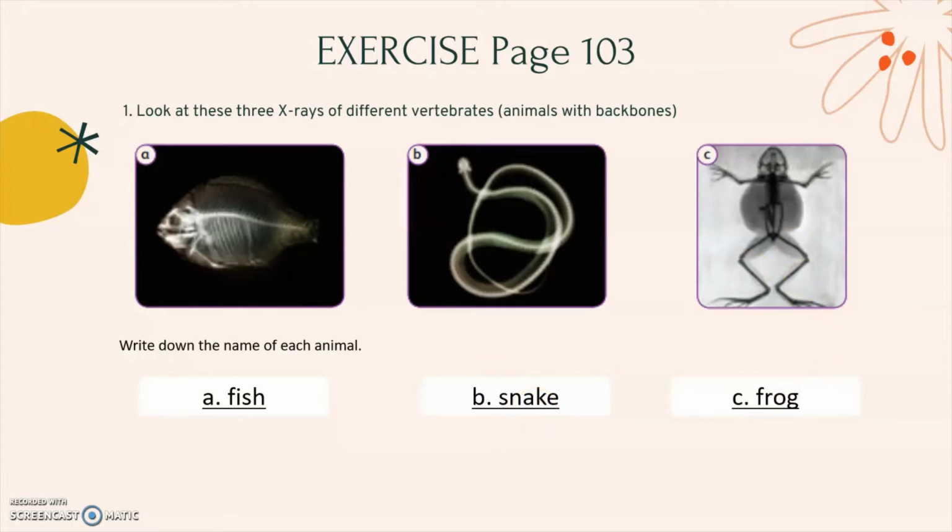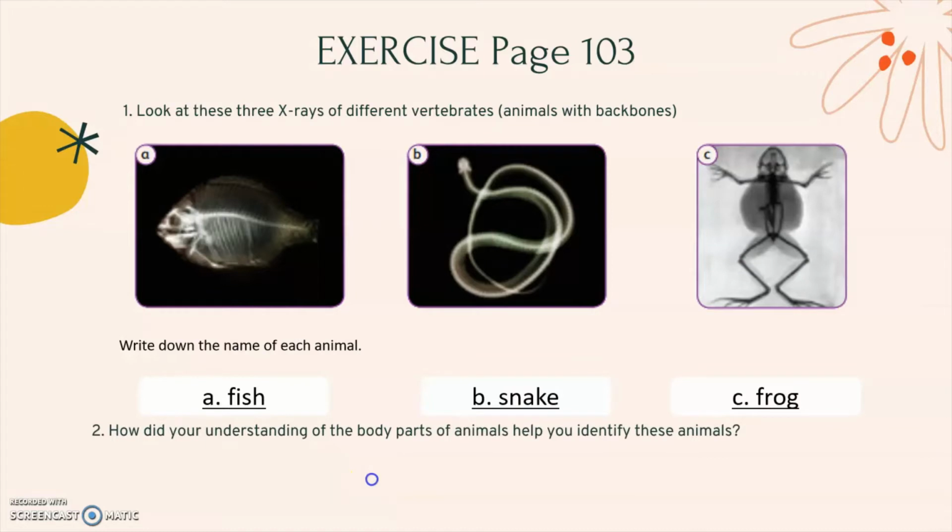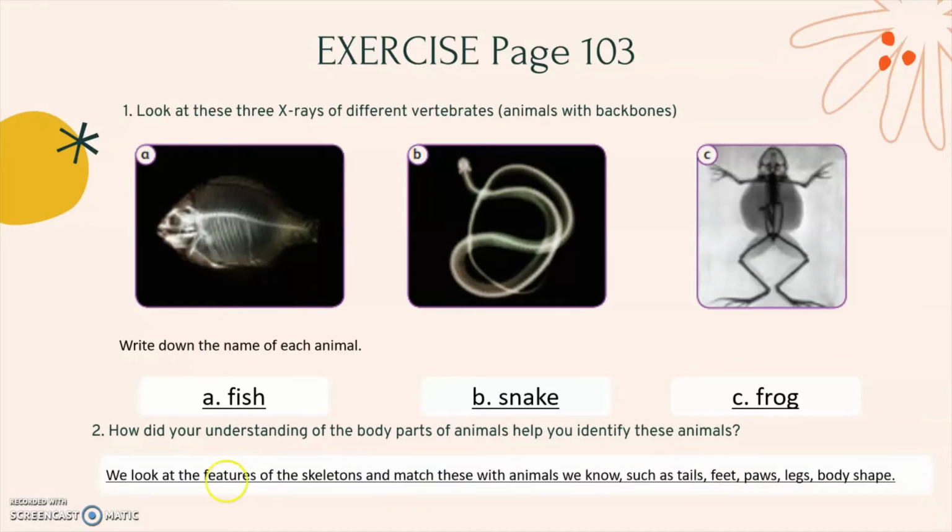Good job! Next, how did your understanding of the body parts of animals help you identify these animals? Now, this is the answer. We look at the features of the skeleton and match them with animals we know, such as tails, feet, paws, legs, and their body shapes.